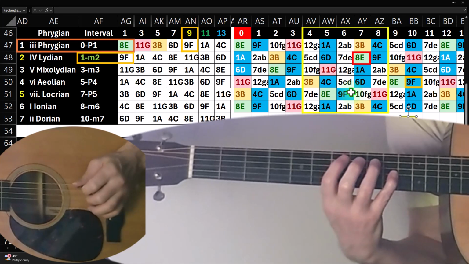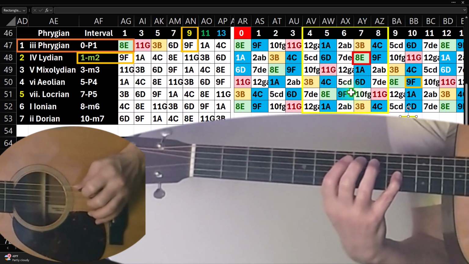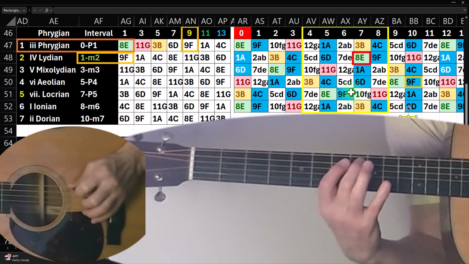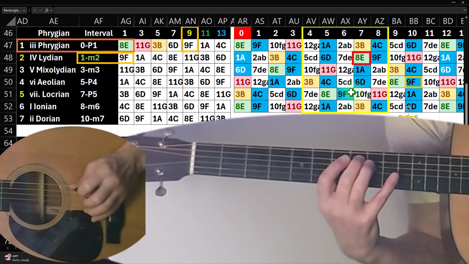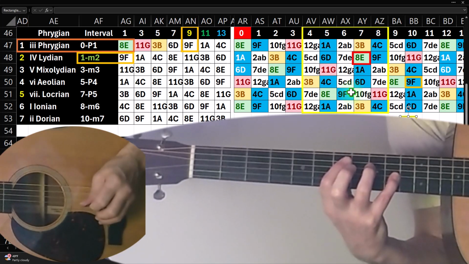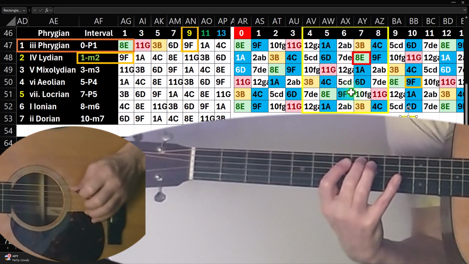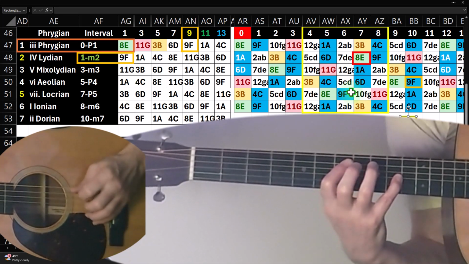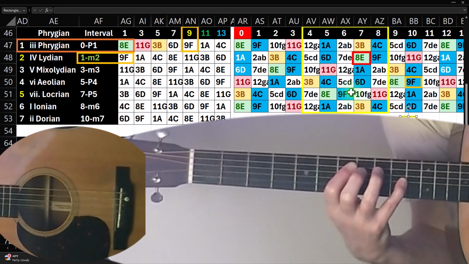So there's my F right there. You can always check that by doing it on the same string, and I can see that's the octave.